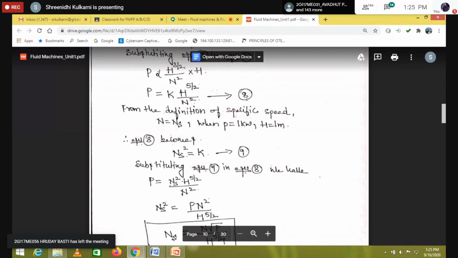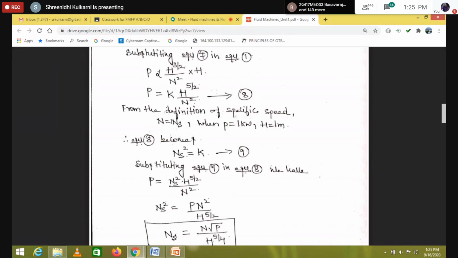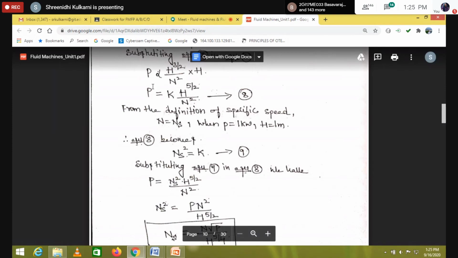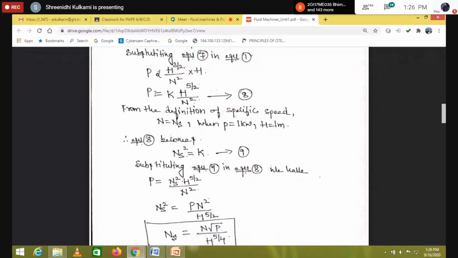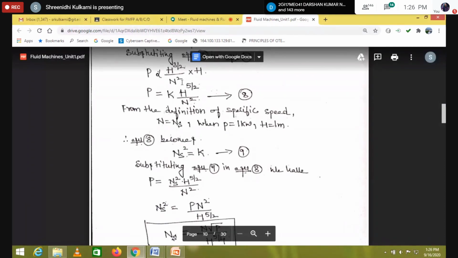So this equation 8 we can write as follows. Whatever P we have here, I will write it as 1. Please understand that this P is 1. Next, K as it is, and H is 1.